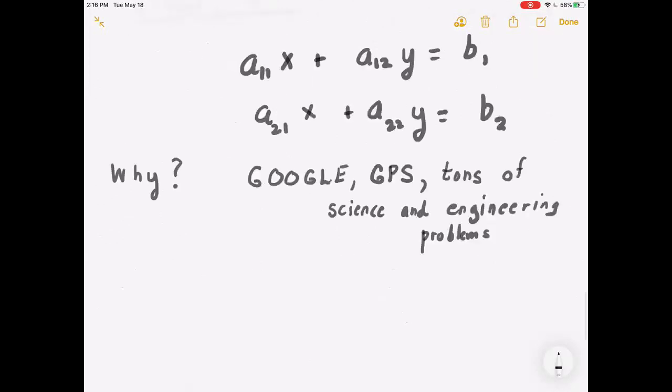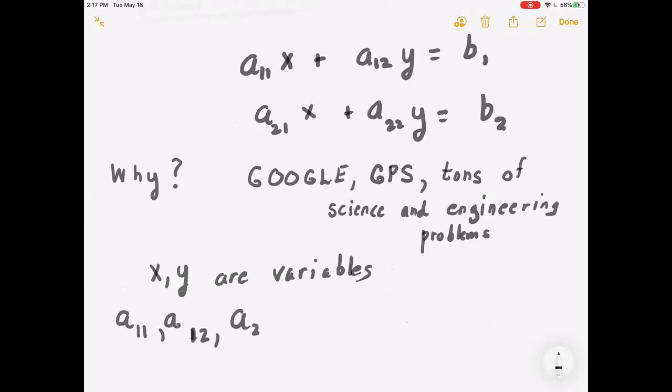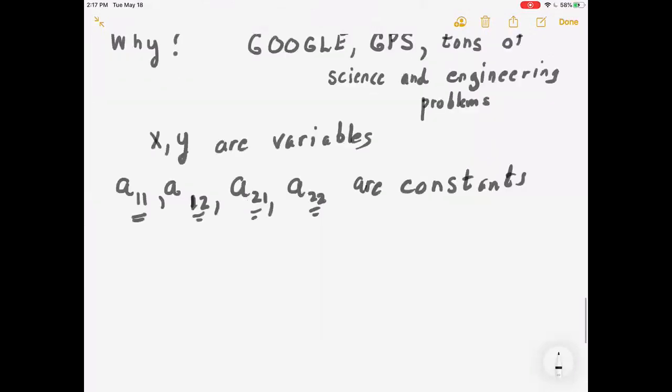Okay, so some notation. X and Y are going to be variables. These are the unknowns. For reasons that'll be clear in a few minutes, A sub 1,1, A sub 1,2, A sub 2,1, and A sub 2,2 are going to be constants. And why I go through this trouble of introducing these subscripts, we'll see momentarily.